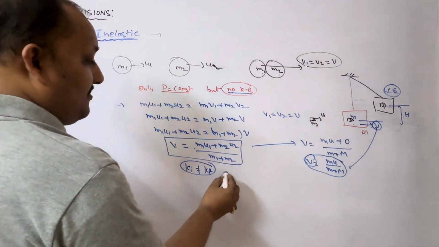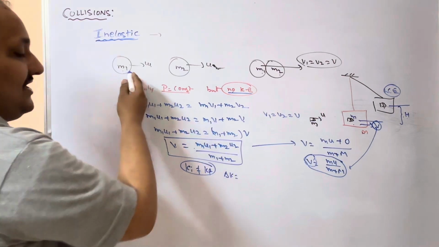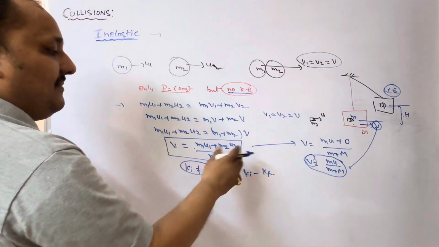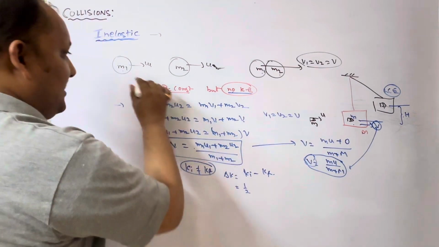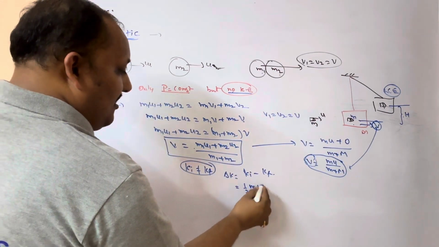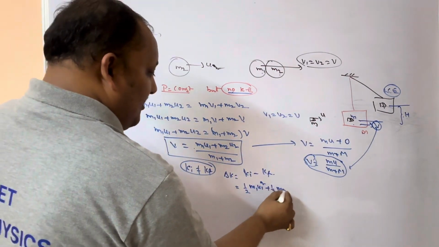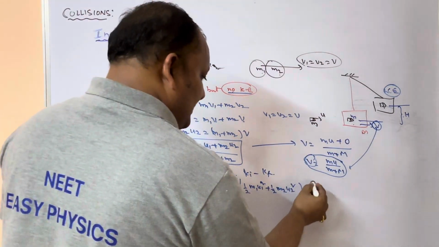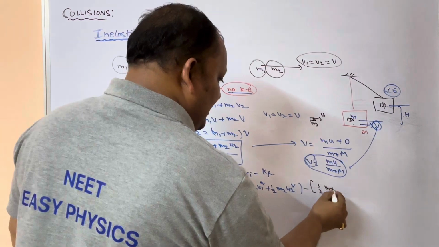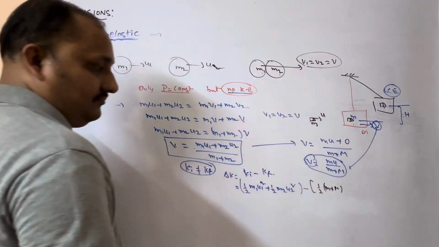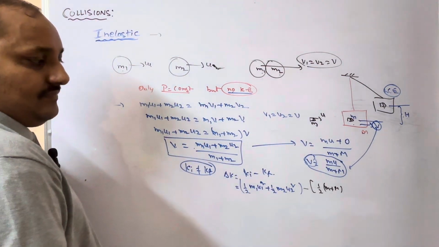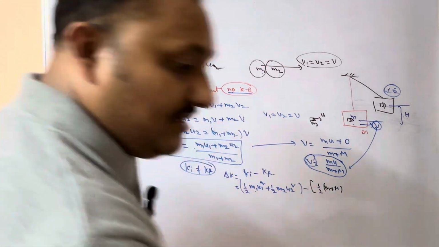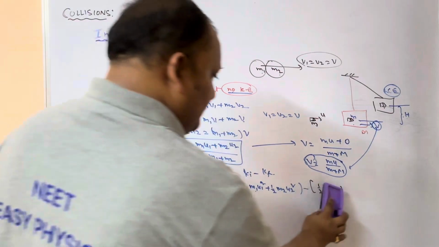How do we get that loss? Initial kinetic energy minus final kinetic energy, or final minus initial, either can be done. The initial kinetic energy is half m1 u1 squared plus half m2 u2 squared, minus the final kinetic energy of (m1 plus m2), that is half (m1 plus m2) v squared.